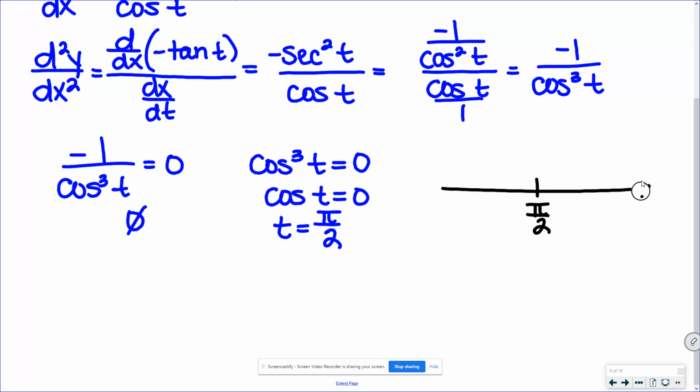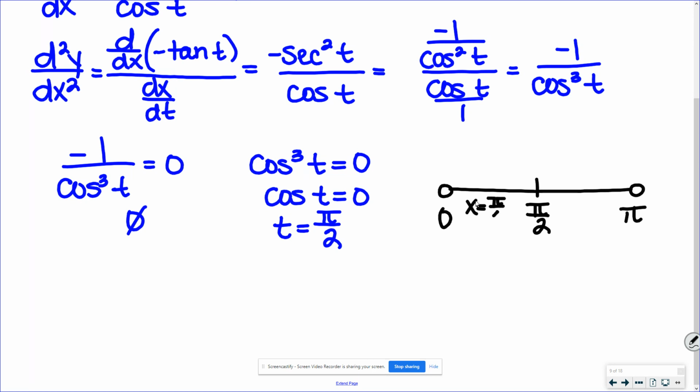I don't want to make it go to infinity because we do have a restricted time interval of 0 to pi, and I don't think it was inclusive either, so I'll go ahead and put open circles. This is at 0, and this is at pi. So I need to then choose a value that is between 0 and pi/2.